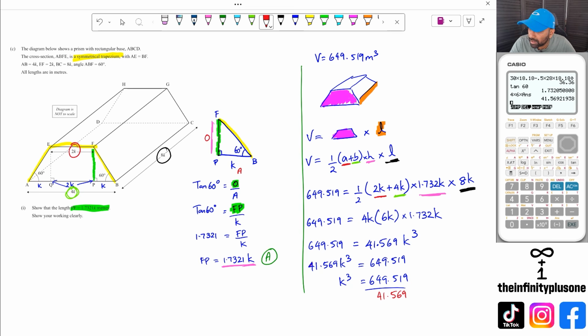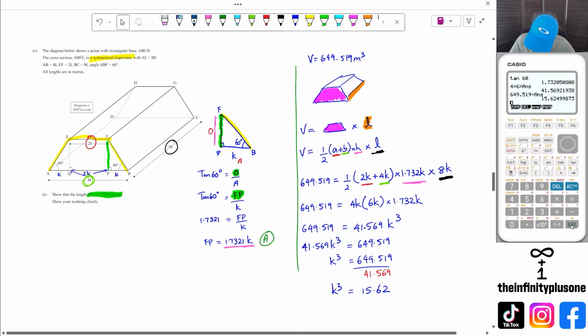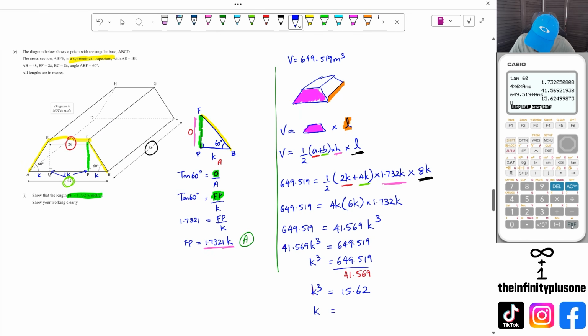So 649.519 divided by answer gives me k cubed equal to 15.62. Then k is equal to the cube root of 15.62. So I go 3, shift, the little x thing, and then answer. That's going to give me roughly 2.5 meters. So k is equal to 2.5 meters.